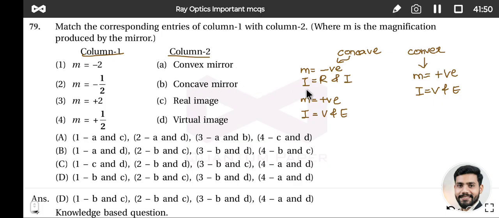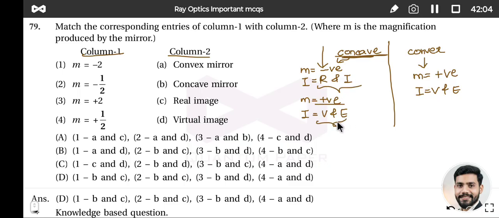So look at the result first. For a concave mirror, when the magnification is negative, the image is formed real and inverted, and when magnification is positive, the image is virtual and erect. And for a convex mirror, the magnification is always positive and the image is formed virtual and erect. Now look at the matching.